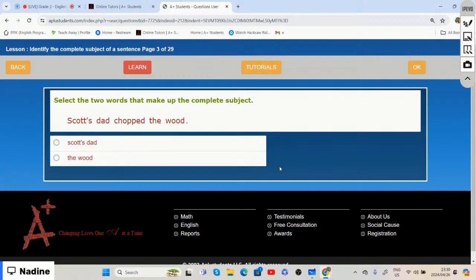So we need to ask ourselves who chopped the wood? Is it Scott's dad or is it the wood? Option one or option two?